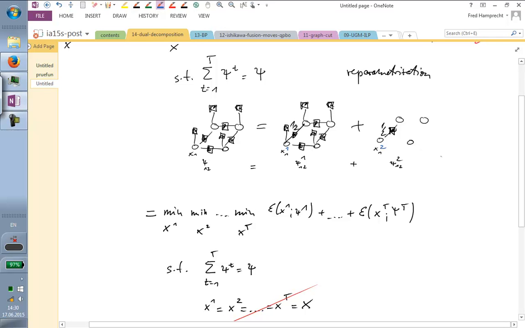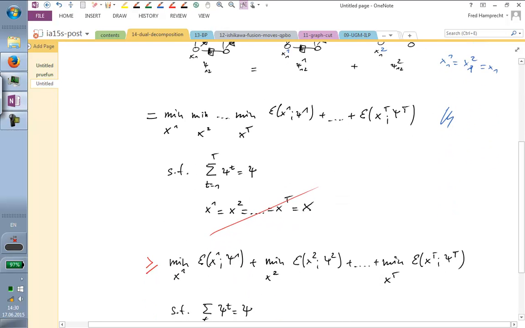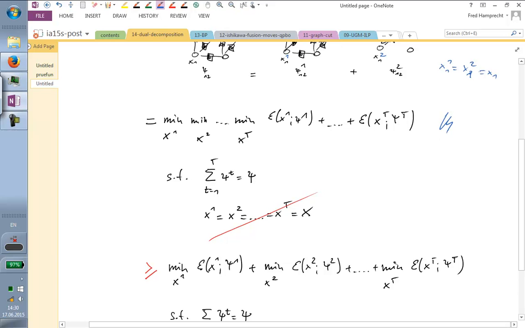However, I demanded that x11 be the same as x12. So this was this equation here. And now in the third line, where the inequality comes, I allow them to be different. So now I allow distinct labelings for the replicas of my subproblems.